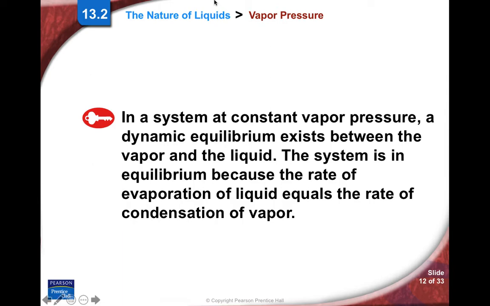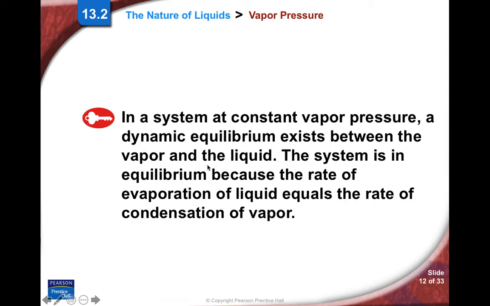And the particles that are flying off as gas are creating pressure. If there's a constant vapor pressure in a closed system, some things are going out of solution, becoming gas, and some things are coming from gas back to liquid.